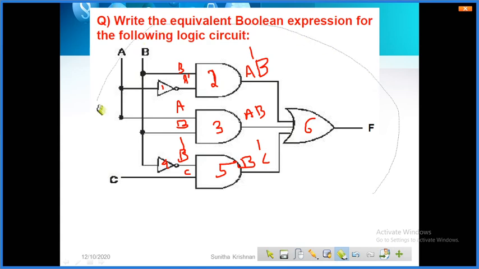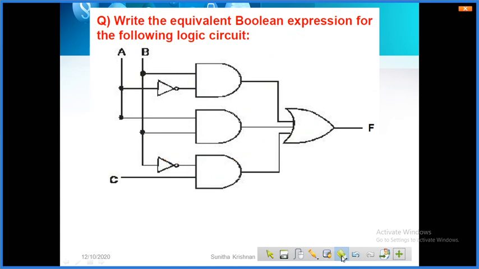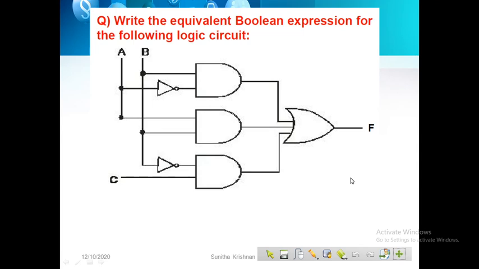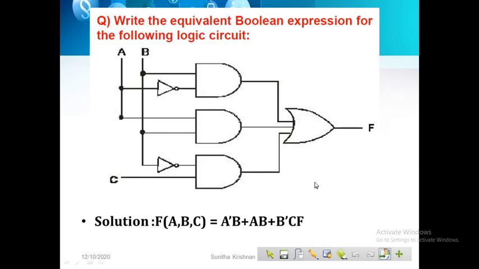So this is basically the method of finding the Boolean expression from logic circuits. You can see the answer is A bar B plus AB plus B dash C. There is no F here, it is accidentally from this F. So the answer is A bar B plus AB plus B bar C. That's what we all got, right?